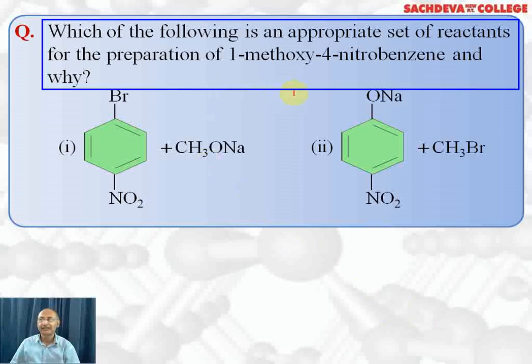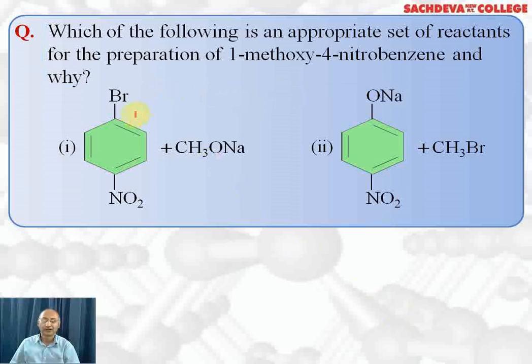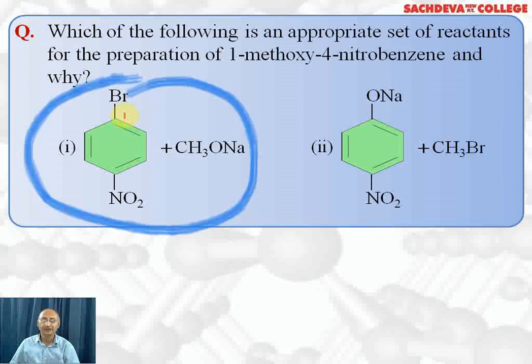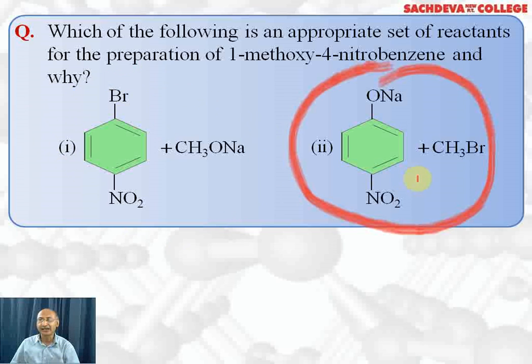Which of the following is an appropriate set of reactants for the preparation of 1-methoxy-4-nitrobenzene, and why? Now here we have Br, which will have double bond character, so this C-Br bond cannot break. So this pair cannot be used to prepare 1-methoxy-4-nitrobenzene, whereas this pair can be used.